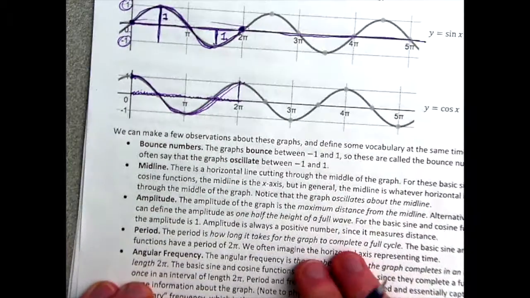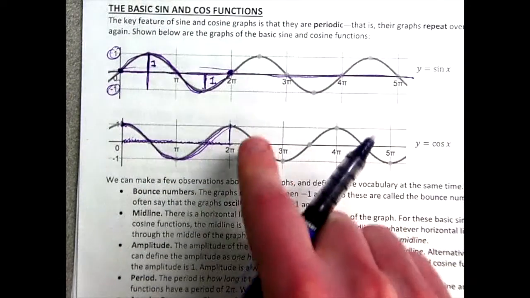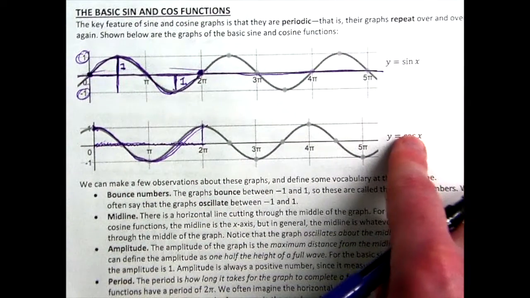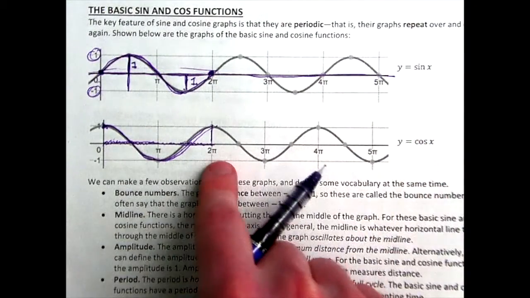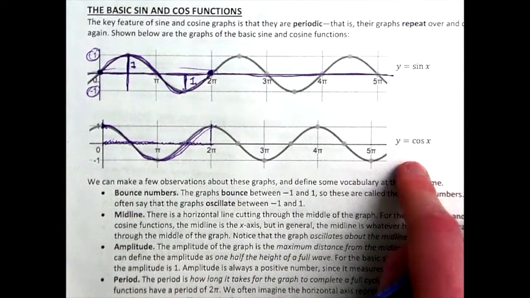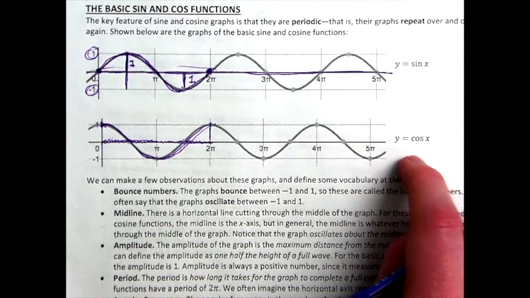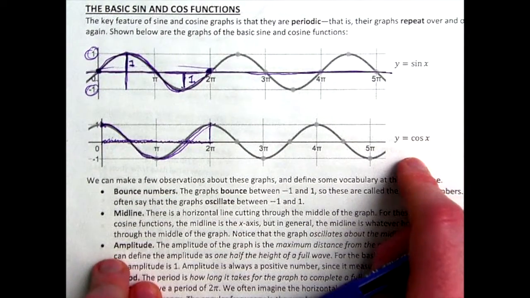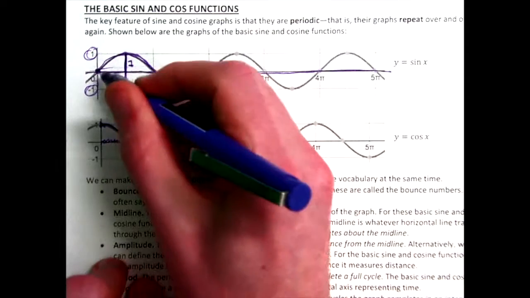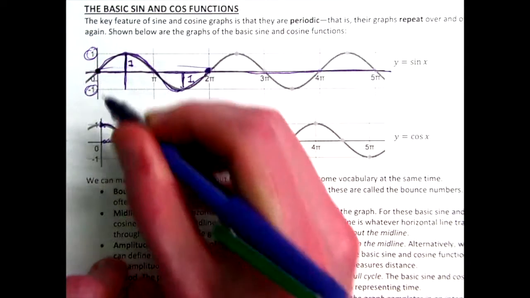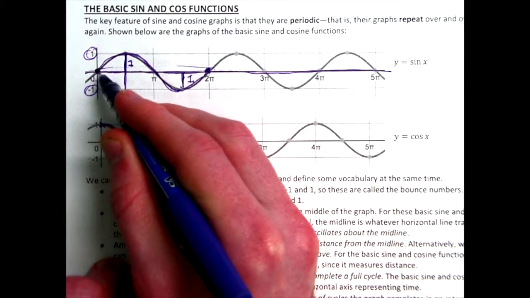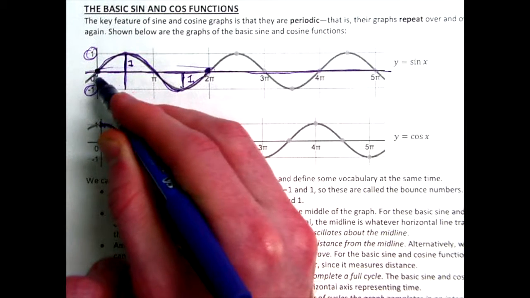Before we take a look at how each of these things changes when we begin doing horizontal shifts and stretches and all of that, I just want to point out the difference between the sine and cosine graphs, because they are very similar. So it's important to recognize what's different about them. Really what I want you to notice is that the beginning of the sine graph at x equals 0 starts in the middle of a wave.